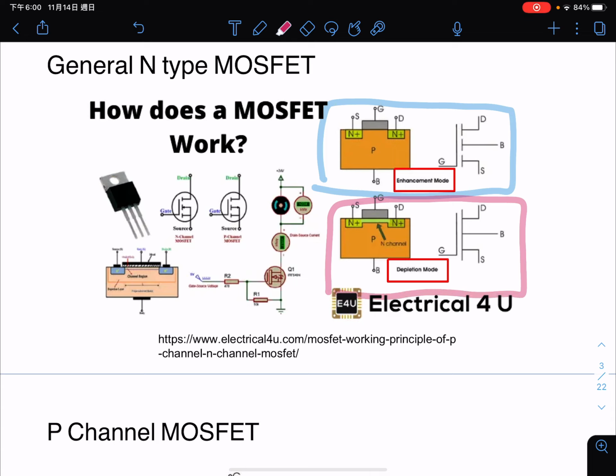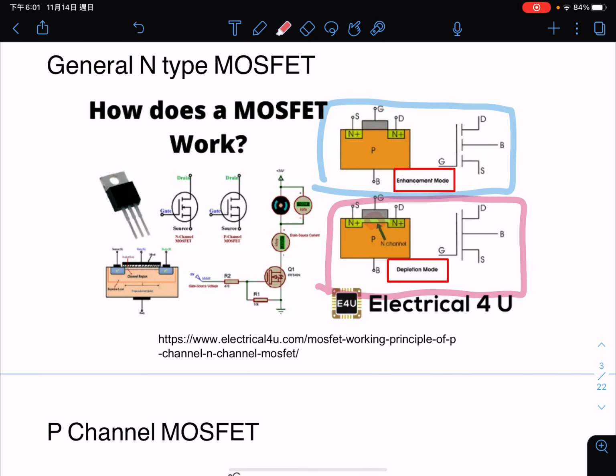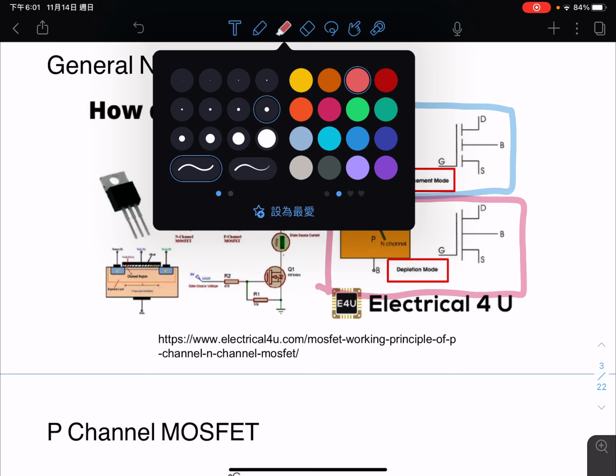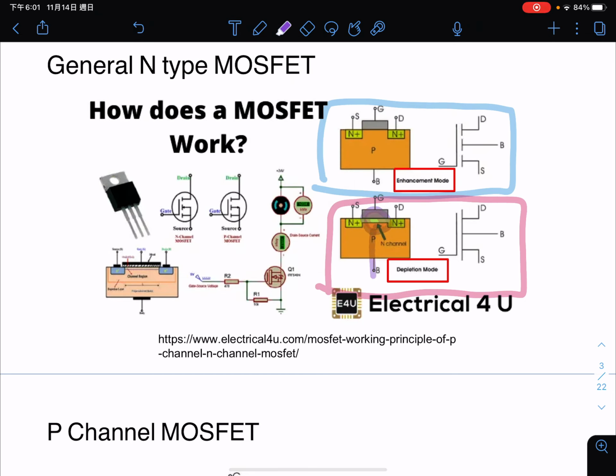For the depletion type of transistor, originally it has a tunnel here. That's why we call it depletion mode. We have a tunnel here, and if I want to operate the tunnel, I can apply a negative voltage.